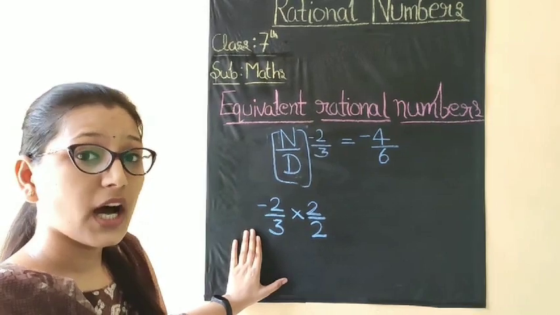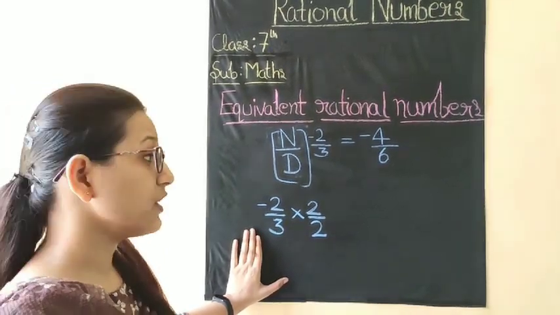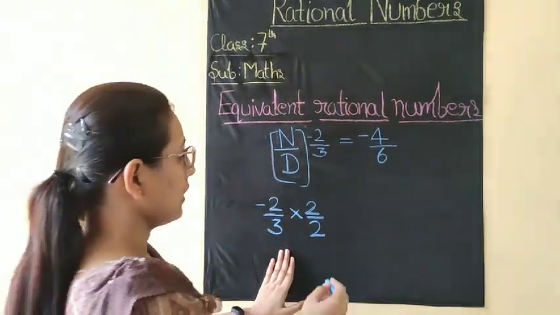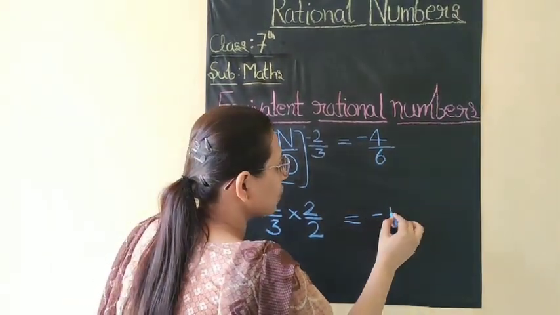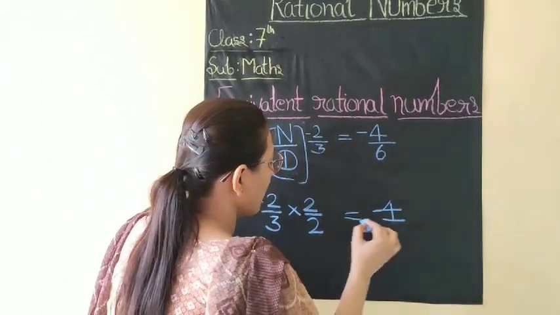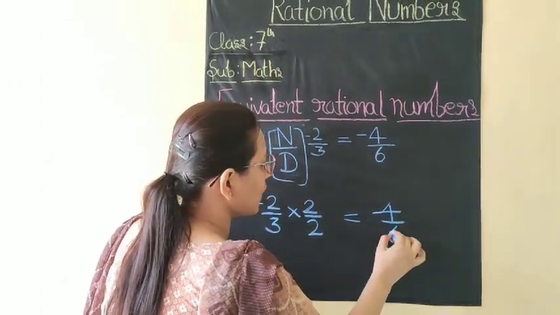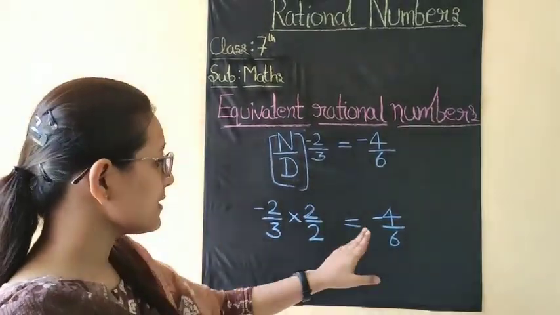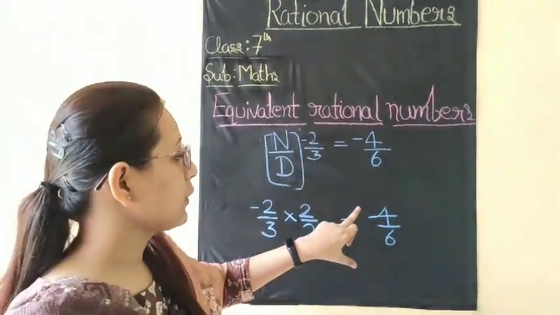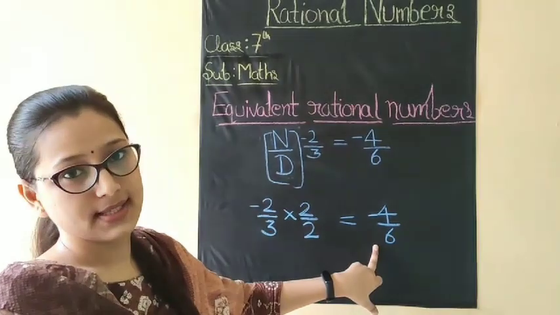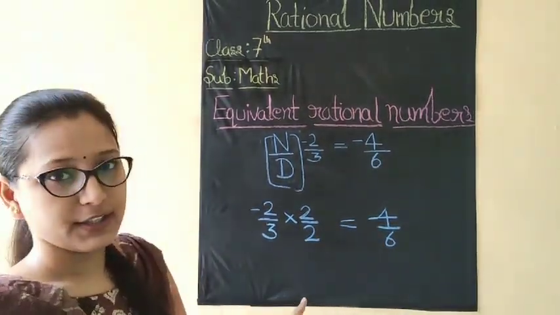We obtain another rational number which is equivalent to that number. So here we get minus 4/6. This means that minus 2/3 is equivalent to minus 4/6. Let us solve another example.